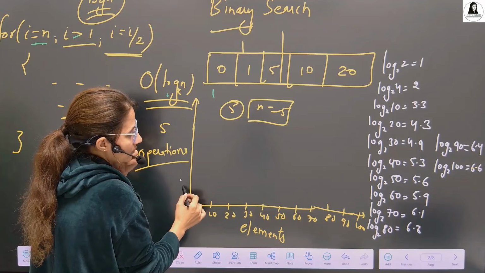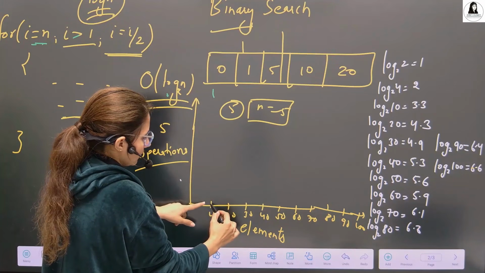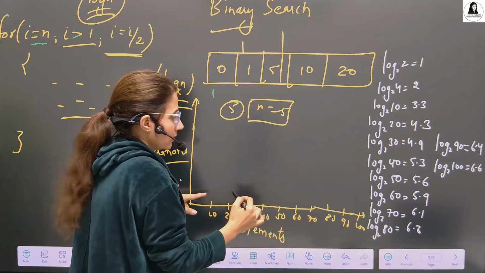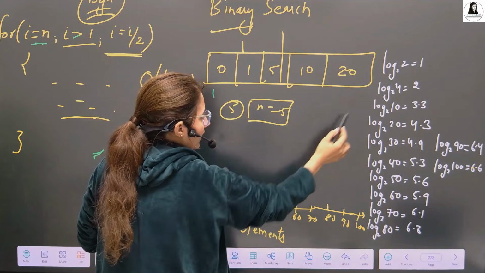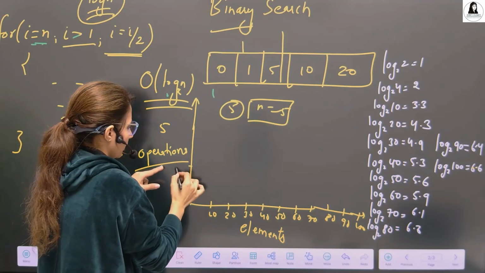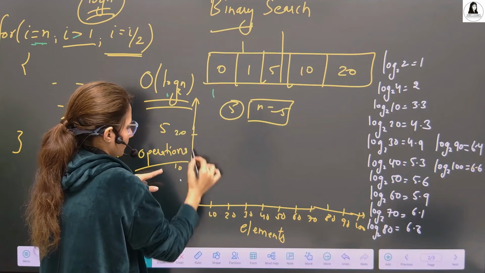It's not that much like linear. See, log 10 is 3.3. Suppose here we have 10, 20.